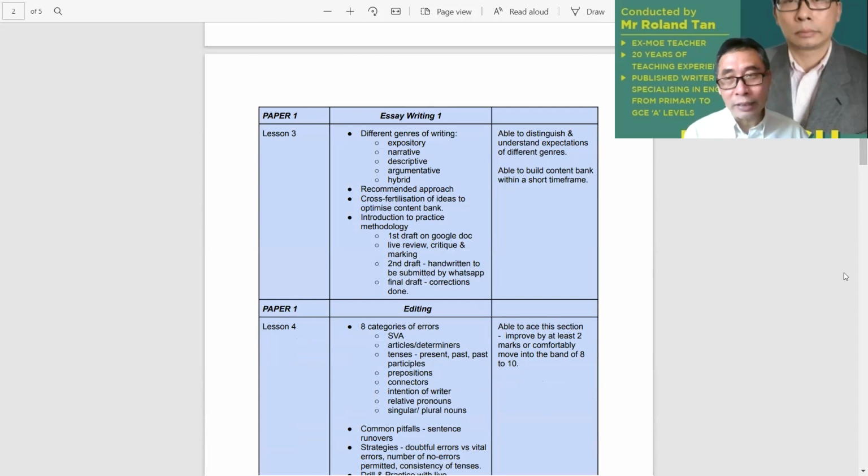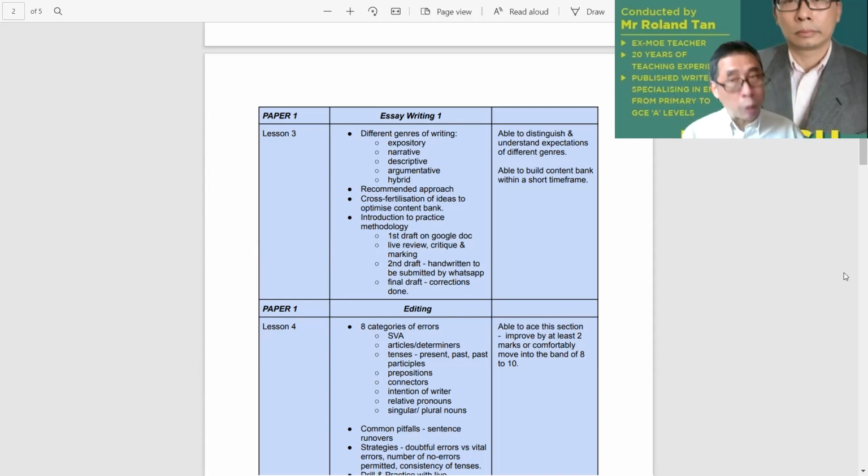I do not know why, but I guess it is not knowing the way to flourish or igniting that creative spark in one, that causes many students to be turned off by writing exercises. So in lesson 3, I'll be covering the different genres of writing: expository, narrative, descriptive, argumentative, and hybrid.